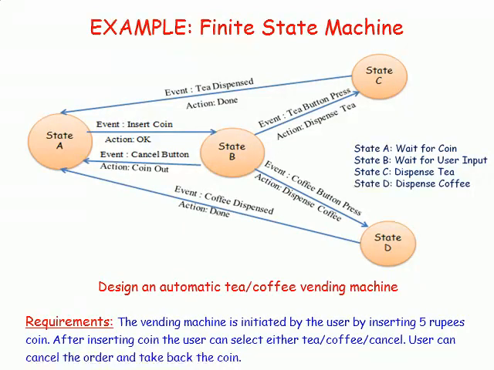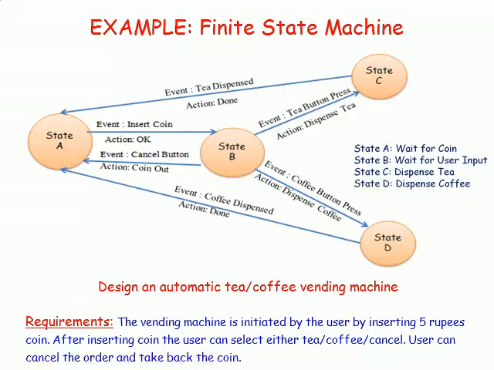If the event triggered in the wait state is a cancel button press, then the coin is pushed out and the state transitions back to the wait for coin state. If the event received is a tea button press or coffee button press, then the state changes to dispense tea for tea button press and dispense coffee for coffee button press respectively.